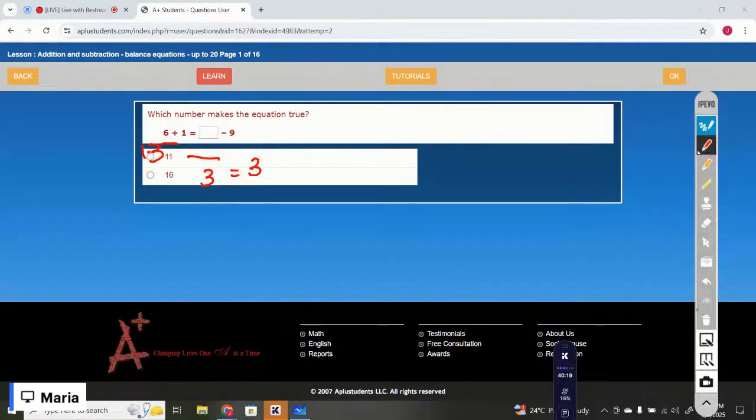The first thing is 6 plus 1. 6 plus 1 makes 7. Now we need to find a number that when subtracted from 9 makes 7.